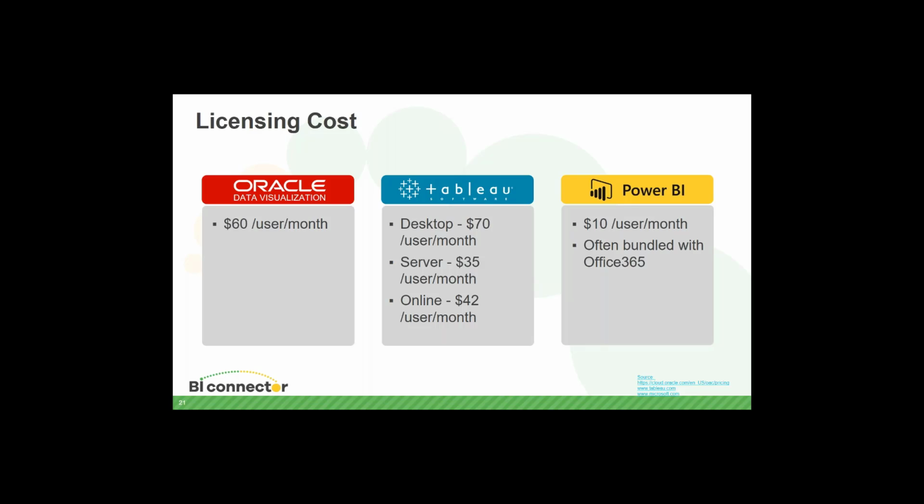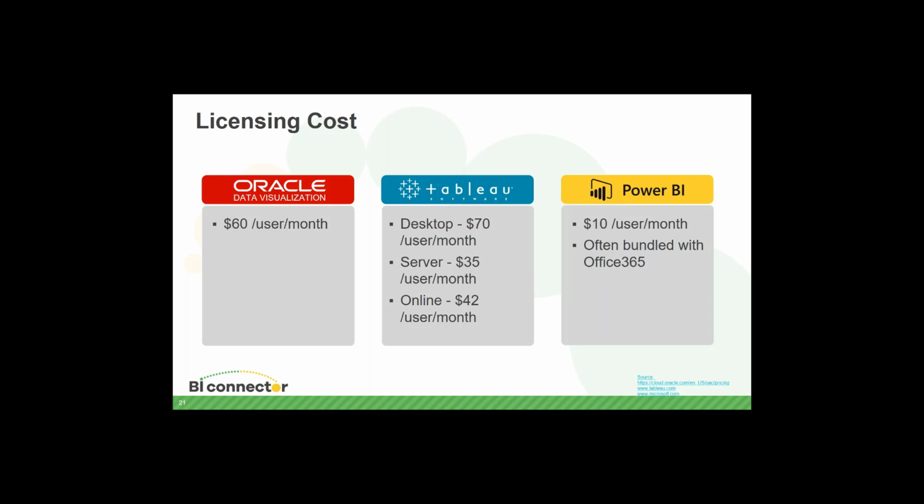Of course, the big advantage of Power BI is the cost. It's about $10 per user per month, and they have pretty much disrupted the market with this pricing. And also, many times, if your organization is using Office 365, Power BI is available for you to use.